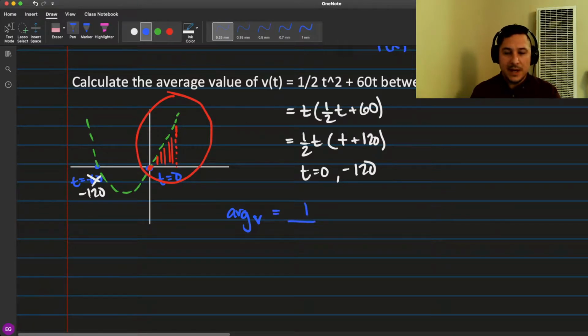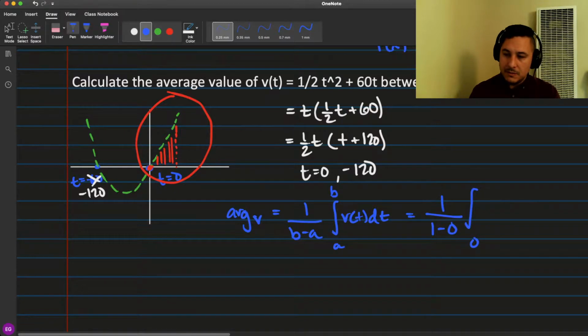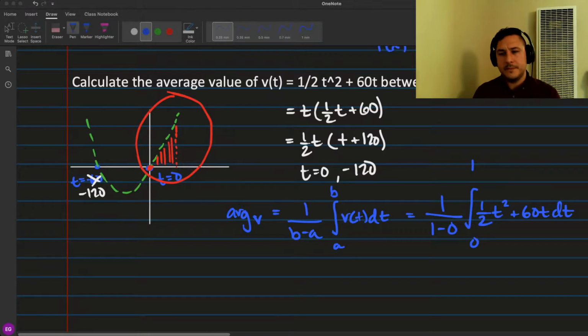We're going to do 1 over b minus a, integral from a to b of velocity, where our b in this case is 1, our a is 0, so we're going to integrate from 0 to 1 our velocity, 1/2 t squared plus 60t dt. All this just becomes 1, so we don't have to worry about it.